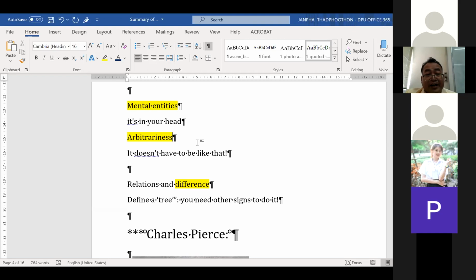So the relationship between the signifier and the signified is arbitrary. Arbitrary means no rule. It's cultural.